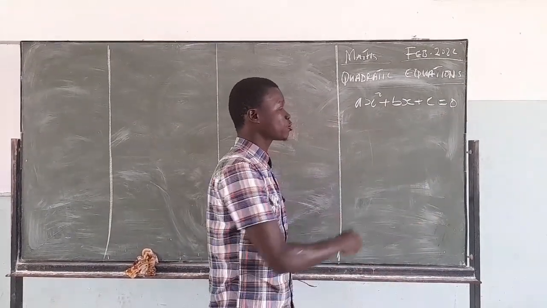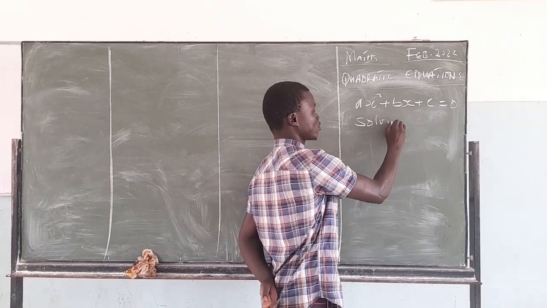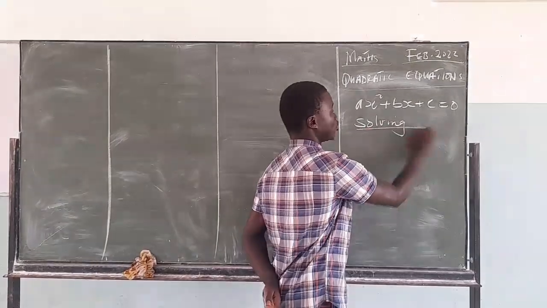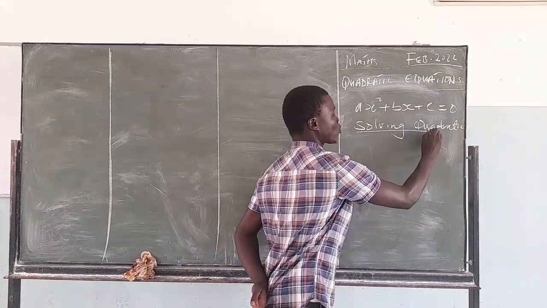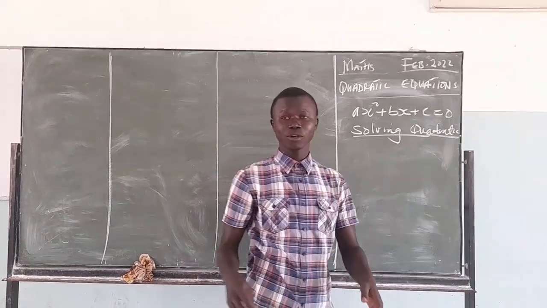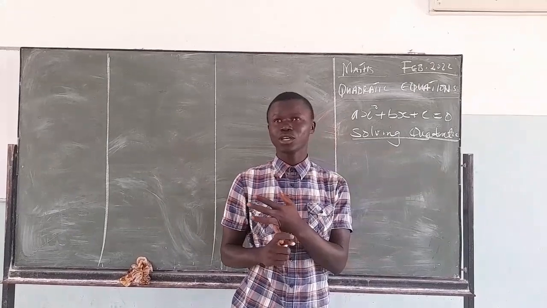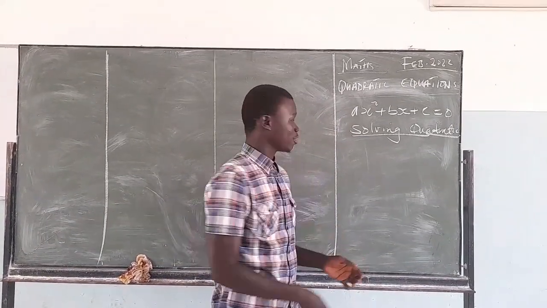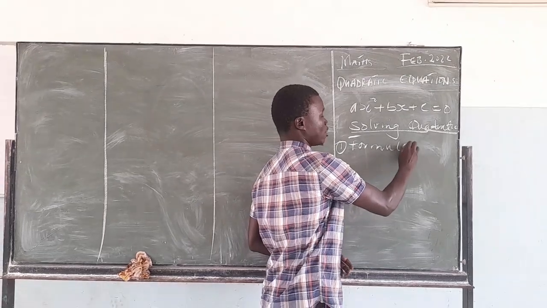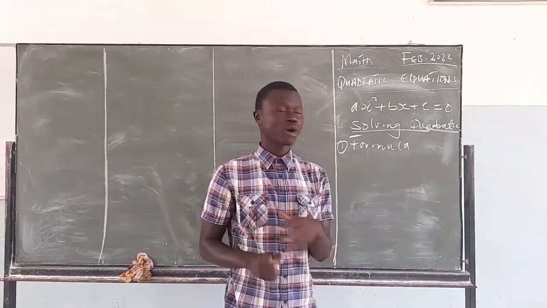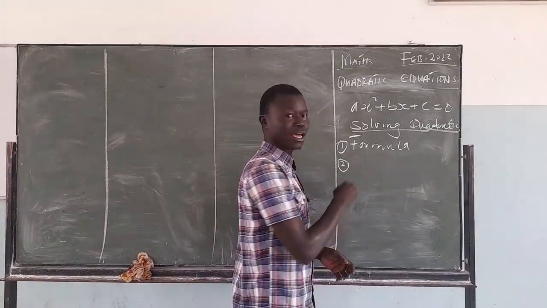Now when you come to solving quadratic equations, there are different methods. One of the methods is by the formula. Another method is by completing the square. I like this method.